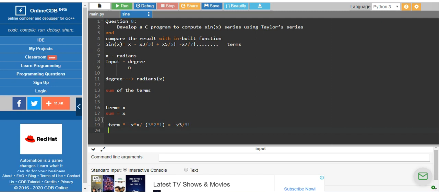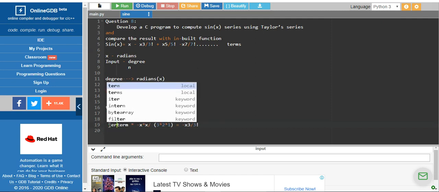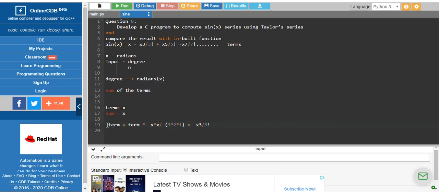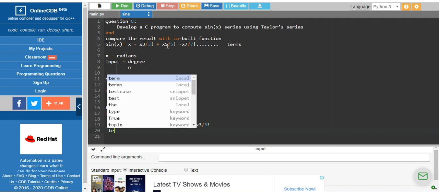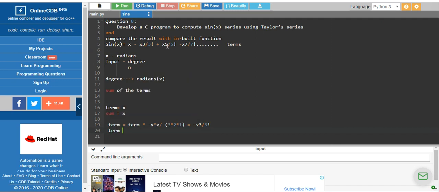Similarly, this is my second term. The first term was x, and in order to obtain the second term, you are taking the previous term and multiplying with this one. Now when I want to consider the third term, is there any change in the equation?